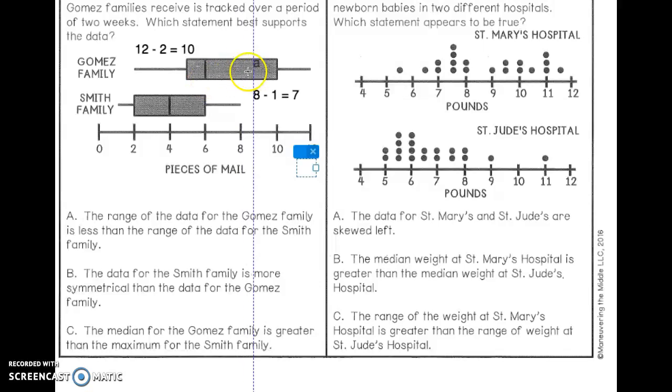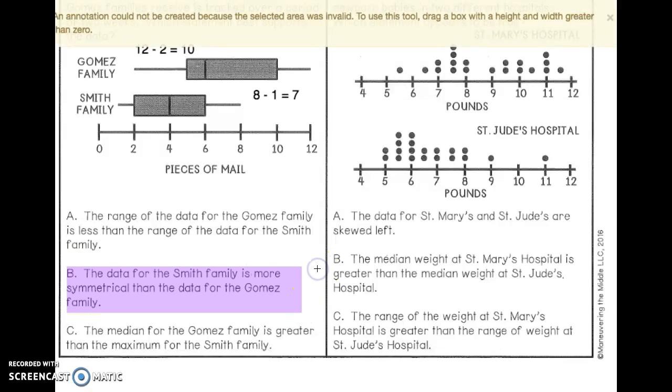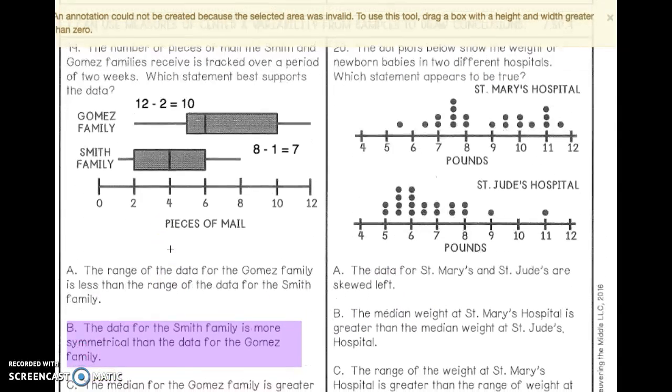Well, look at this one here. This one's not even close to splitting the box in half, so that would definitely make B your correct answer. Okay. So make sure you look at this one again, number 19.